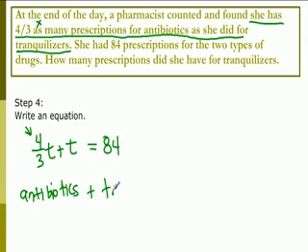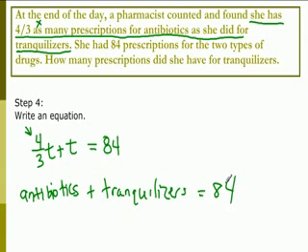So it's antibiotics plus tranquilizers equals 84. That's our equation. Our tranquilizers are our T, and it says up here 4/3 as many prescriptions for antibiotics as for tranquilizers, so you have to multiply 4/3 by T. That's the first thing that we need to do. Now we have our equation.